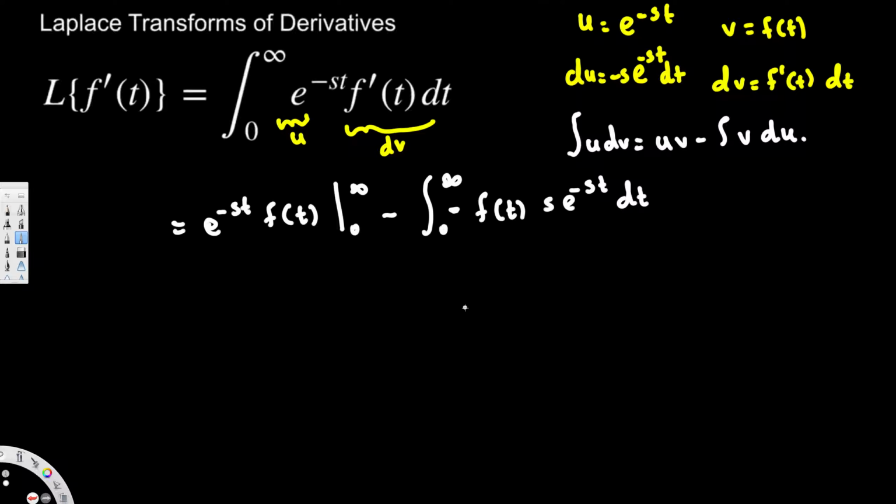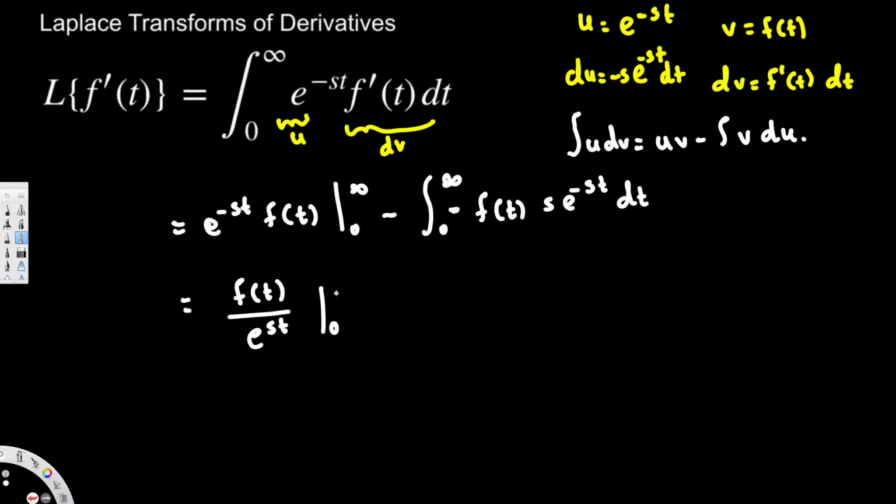Let's write this in a better way: we can write it as f of t over e to the power st, because this is e to the power negative st.